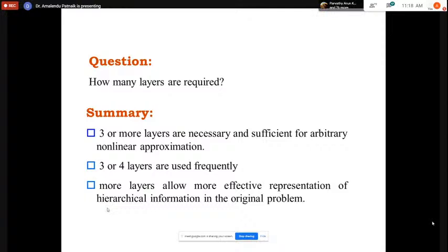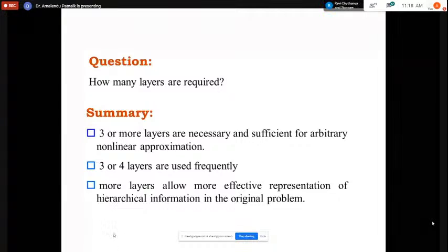In a few antenna problems, you will find 2 different hidden layers. More layers allow more effective representation of hierarchical information in the original problem. You can take more layers if your problem has a number of different steps.